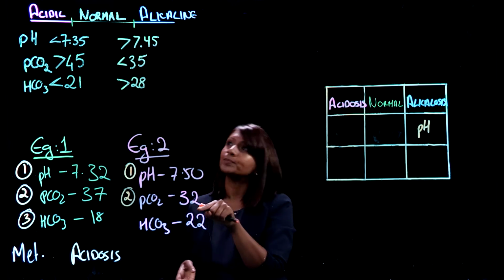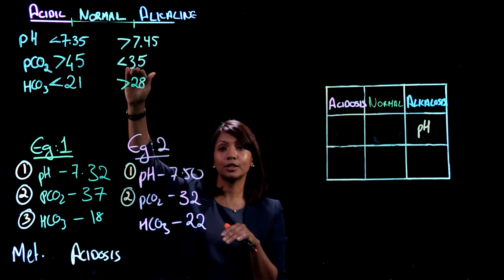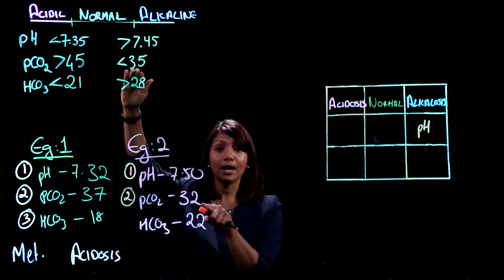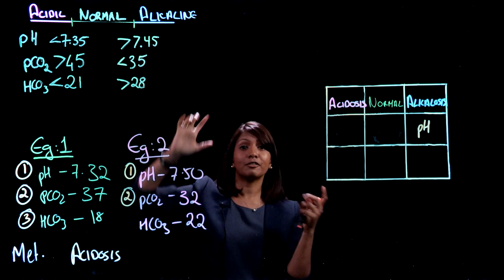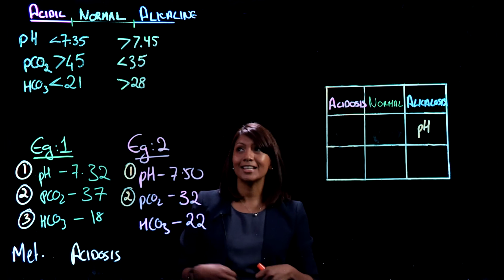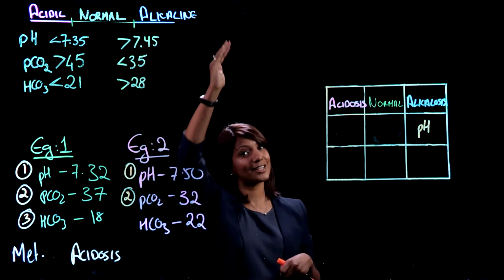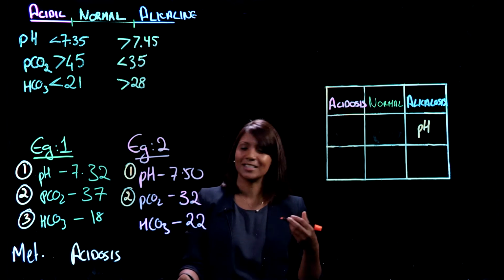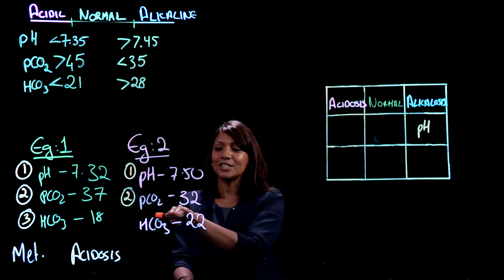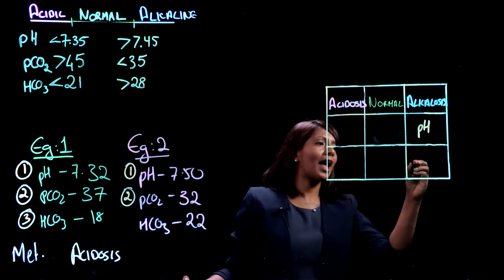PCO2 is 32. 32 is less than 35, which means there's less carbon dioxide in our body. Therefore, there's less carbonic acid, and less acidity, and so the blood is more alkaline. I hope we're following all of this. Good. So PCO2 is 32, which is less than 35, making it also alkaline.